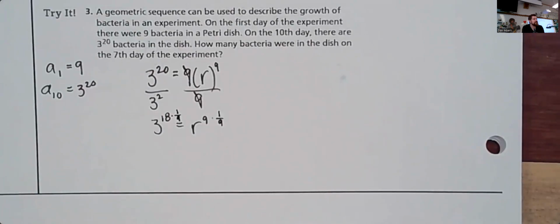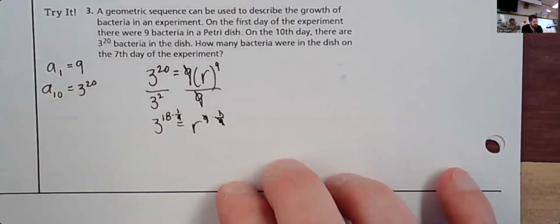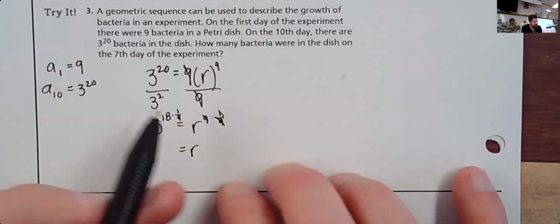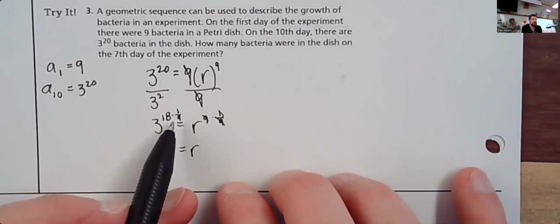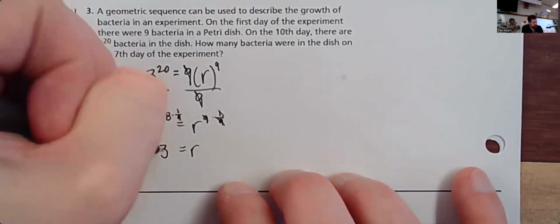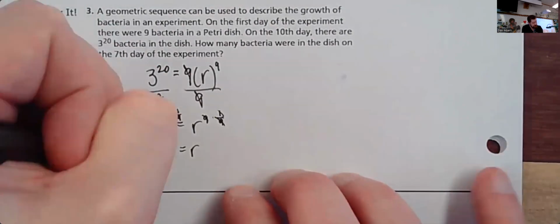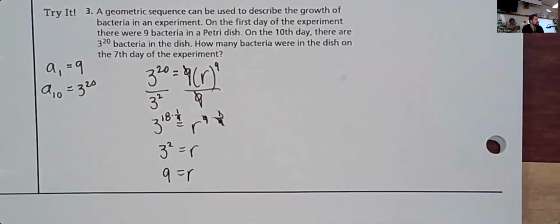Everybody remember that from a few chapters ago? Square rooting is an exponent of 1/2. Cube rooting is an exponent of 1/3. Therefore, 9th rooting is an exponent of 1/9. So here, that cancels out. We're left with r. Over here, this is 18 divided by 9. What's 18 divided by 9? 2. r equals 3 squared, which equals 9. r is 9.